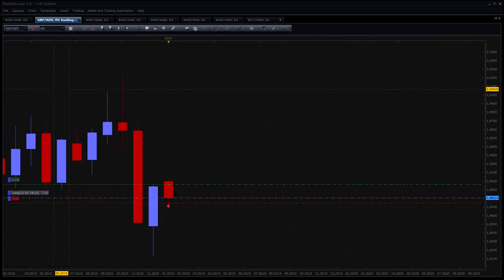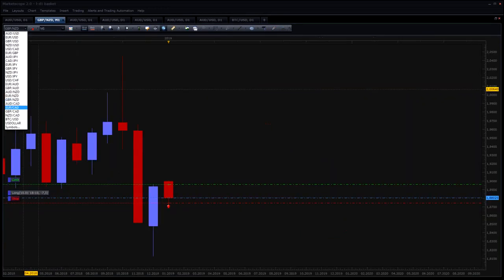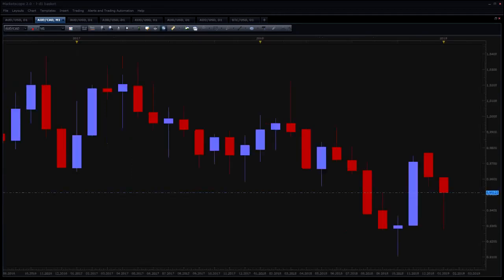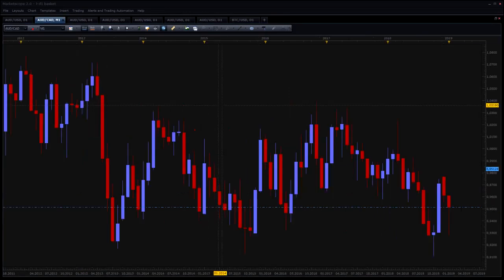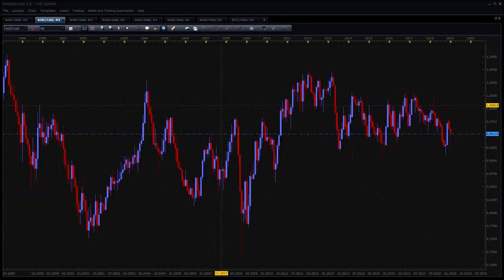Monthly. Aussie Canadian. What do you see? Downtrend or uptrend? I see a lot of confusion. I mean, yeah, monthly charts, downward.